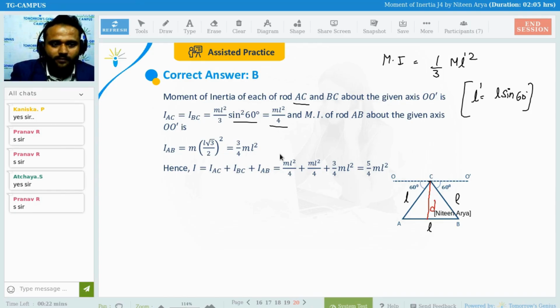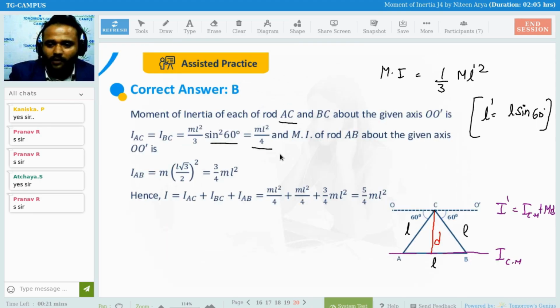I don't want to find the moment of inertia around this axis, this is the rod axis, but I want to find it on this axis. So I know that is the center of mass, but I want to find I prime, that is I_CM plus MD square.